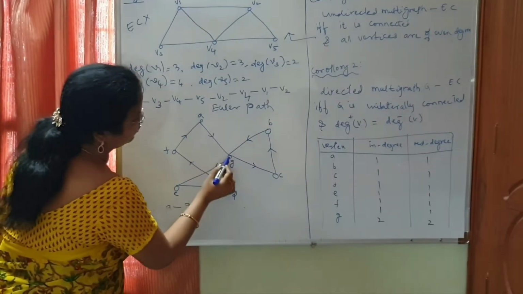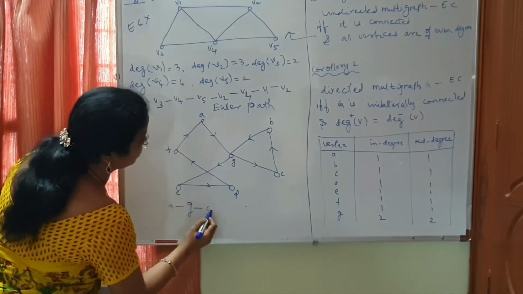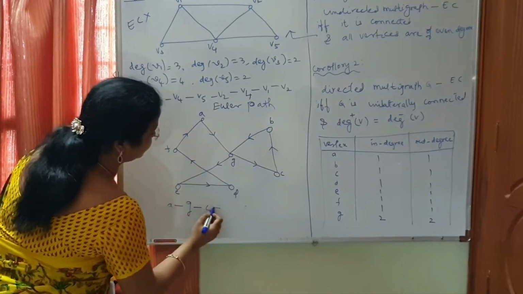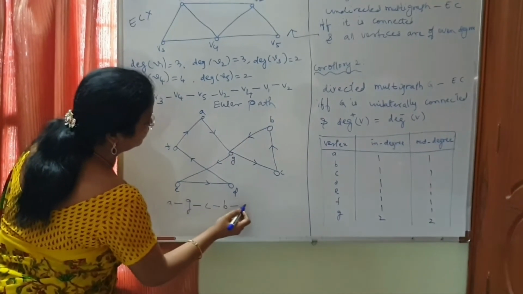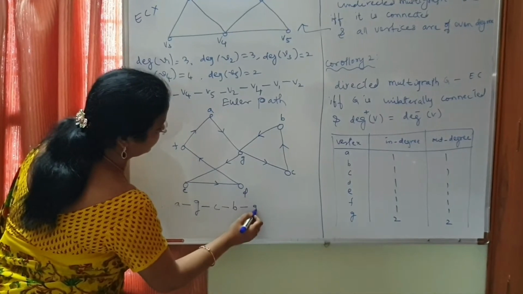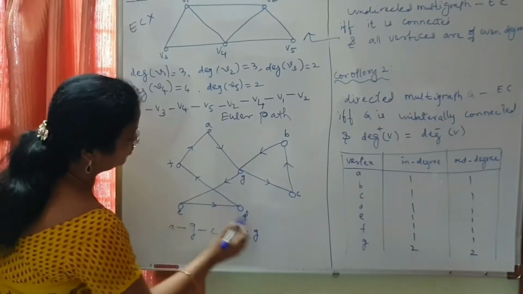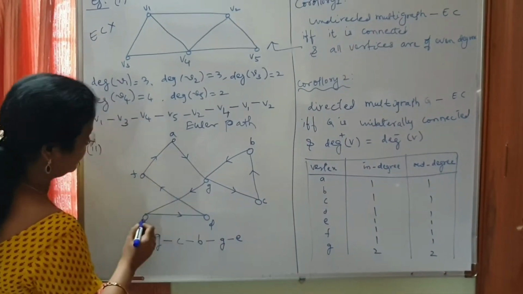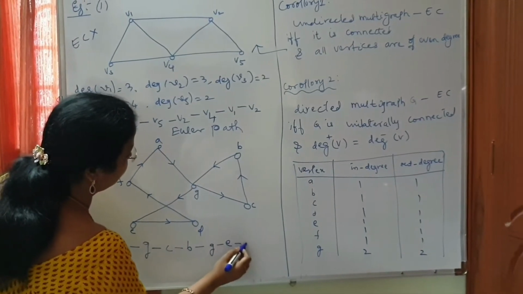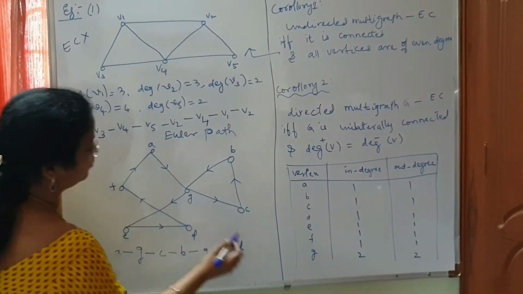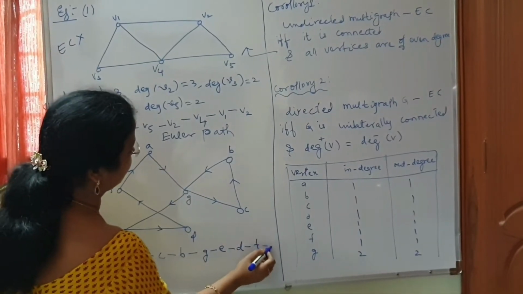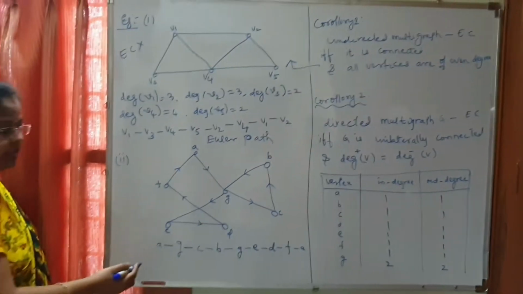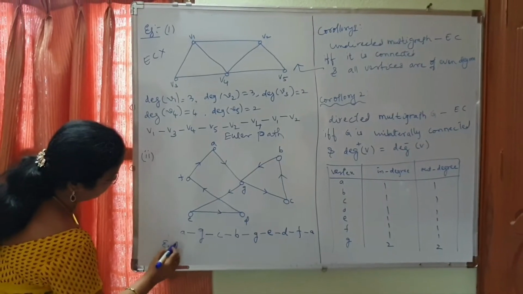So therefore A to G, G to C, next C to B, next from B to G, G to E, E to D, D to F, F to A. So now this is the Euler path.